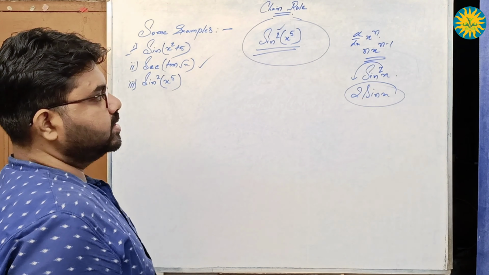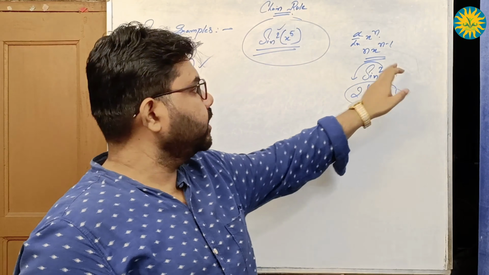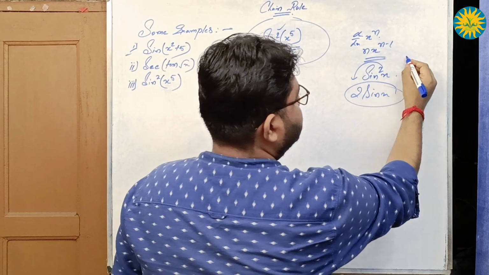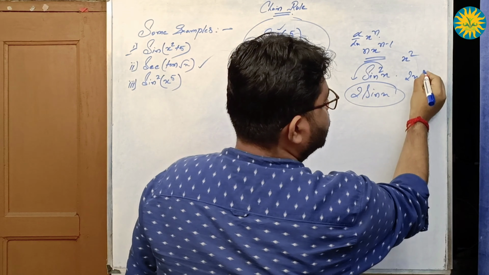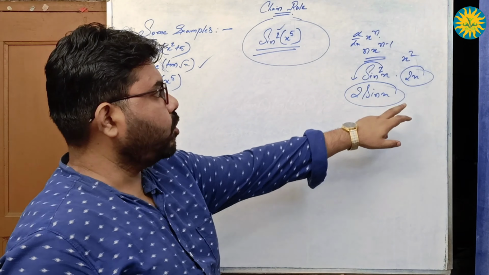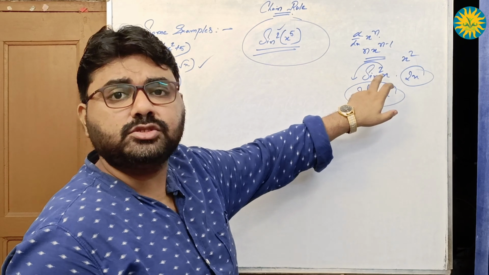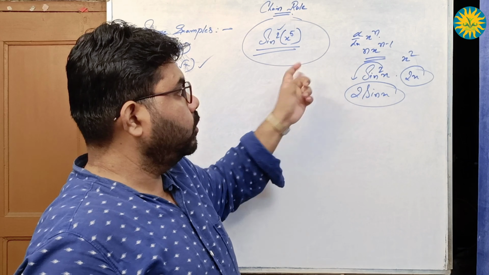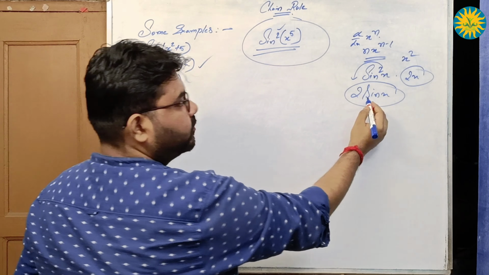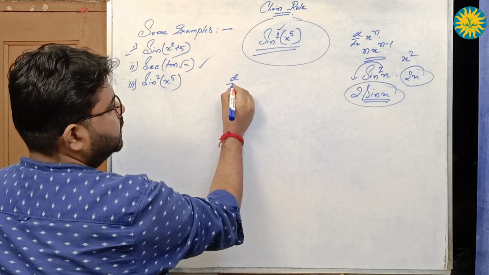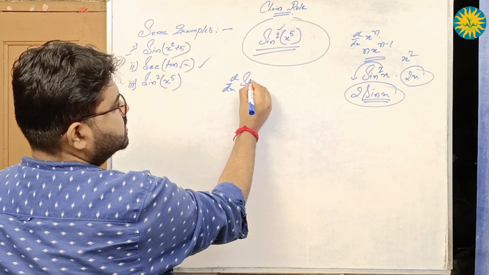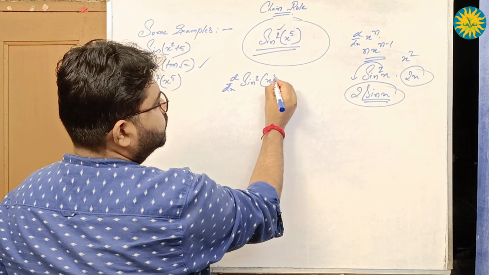First of all, we will concentrate on the power. If there would have been x square, the answer would have been 2x. But here it's not x, here it is sine square x. So we will separately differentiate this sine x. Now the first step, d dx of sine square x to the power 5.